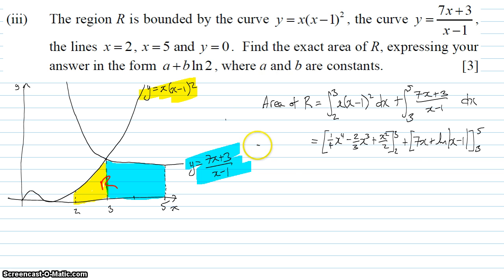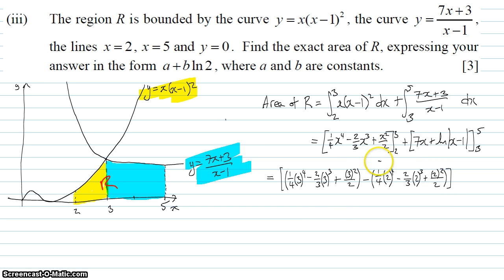So, what can I do now? Now I just have to substitute in the values. I get 1/4 times 3 to the power of 4, minus 2/3 times 3 cubed, plus 3 squared over 2, minus 1/4 times 2 to the power of 4, minus 2/3 times 2 cubed, plus 2 squared over 2.